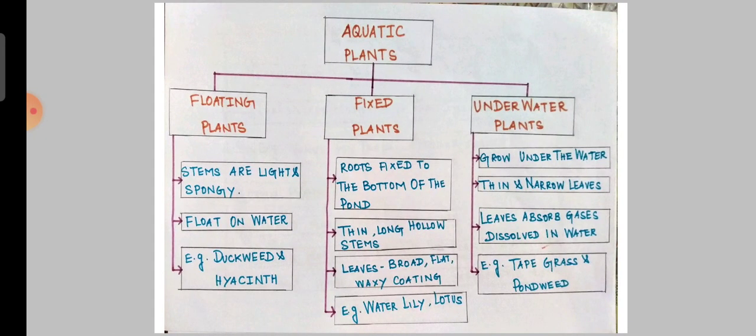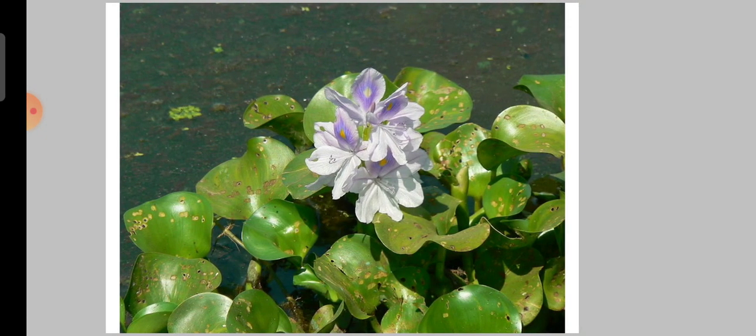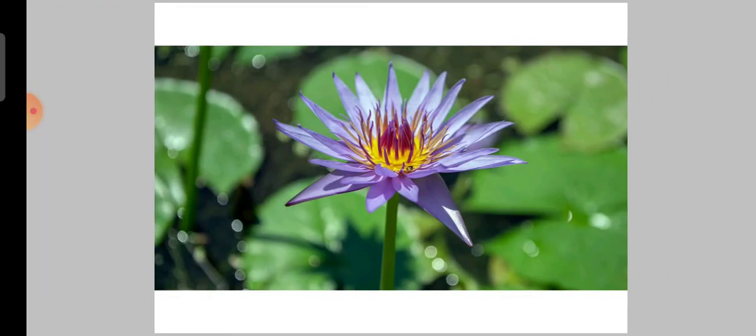Next, fixed plants. Roots are fixed to the bottom of the pond, and they have thin, long and hollow stems, and the leaves are broad, flat and have a waxy coating which prevents them from rotting. Examples: water lily and lotus. This is an image of a lotus.